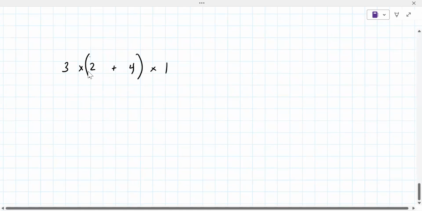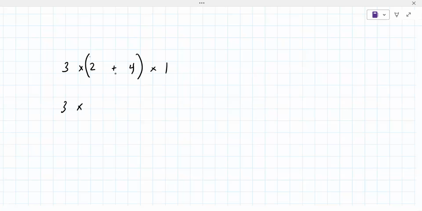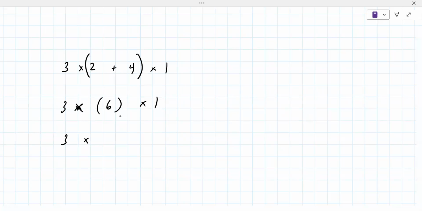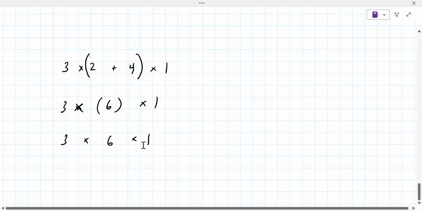What is 2 plus 4? 6. Okay. And then can we drop the parentheses? And if so, why? Yes, because there's no more operations inside. Good.